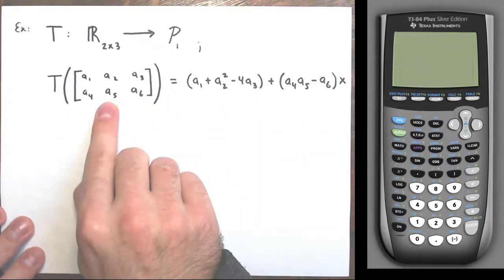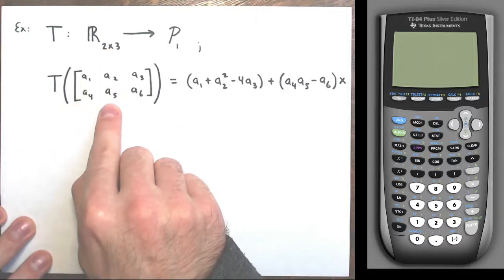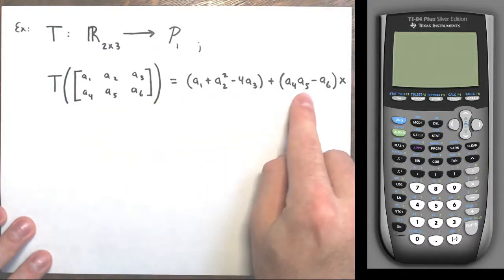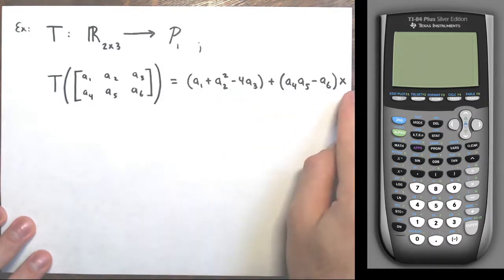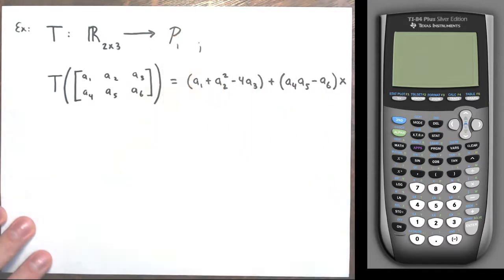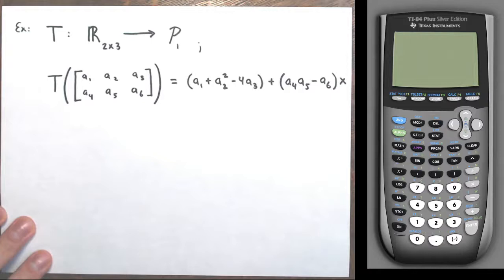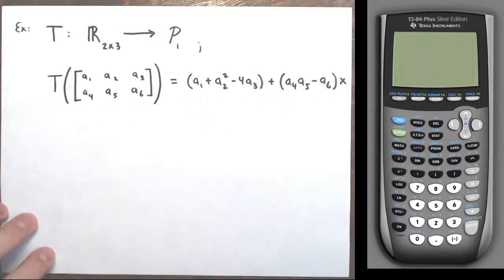My input is a 2 by 3 matrix with real entries, and my output is some constant plus some number times x. This is a polynomial of degree 1 or less. Every polynomial of degree 1 or less can be written this way, as a constant plus a number times x to the first. So this tells me how to output stuff.